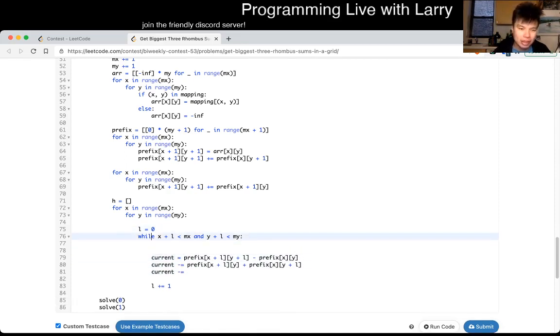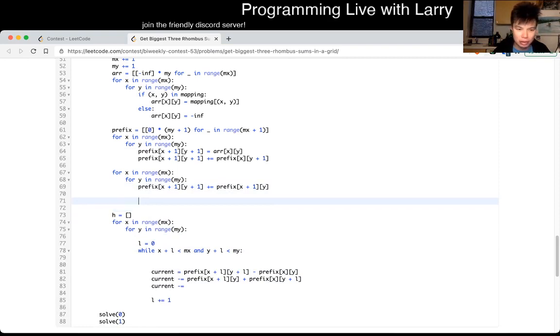Let's get a help. The thing is, I worry that this is going to be too slow. But yeah, I don't know.